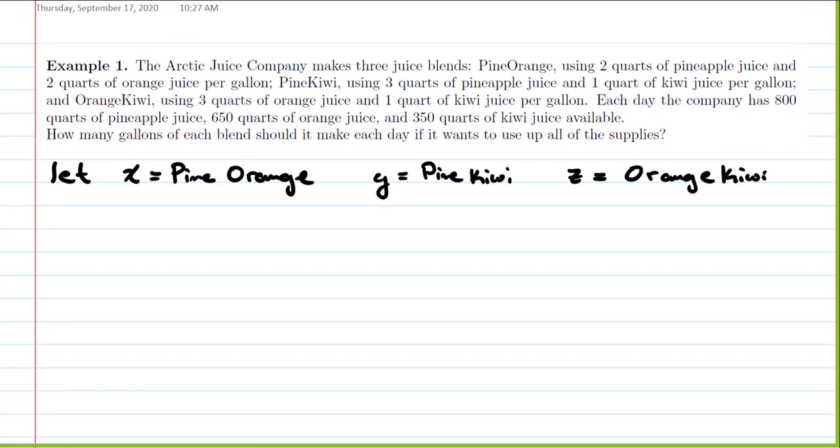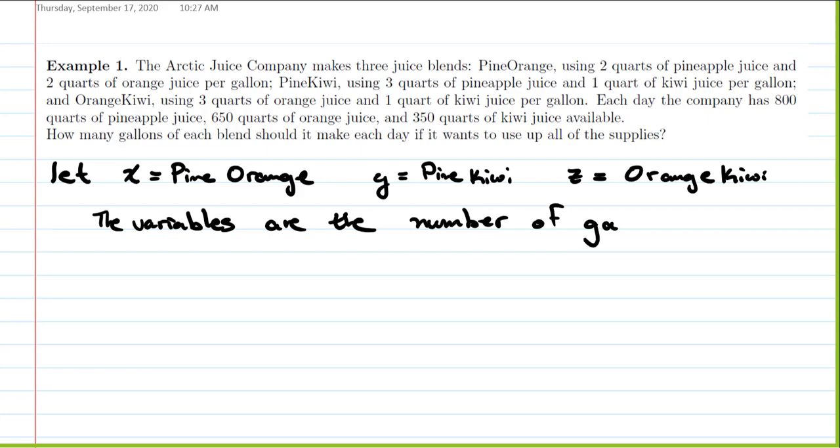We want X to be the number of gallons, Y to be the number of gallons, and Z the number of gallons of each product, right? Because if we just say pine orange, that's not really what it represents. It's the number of gallons of each.